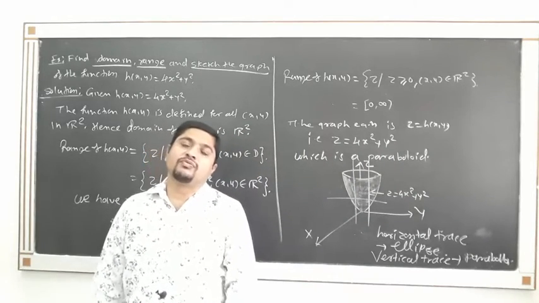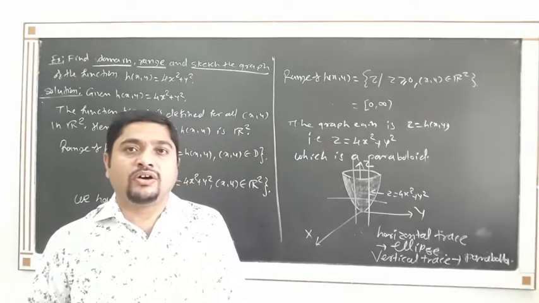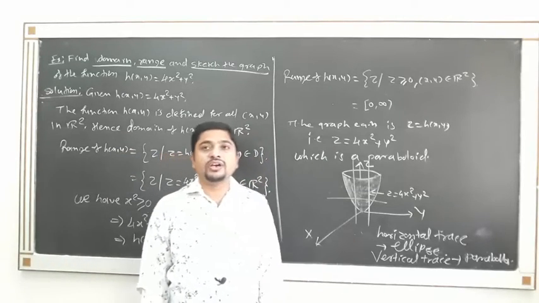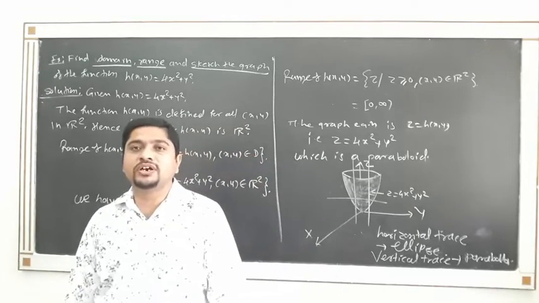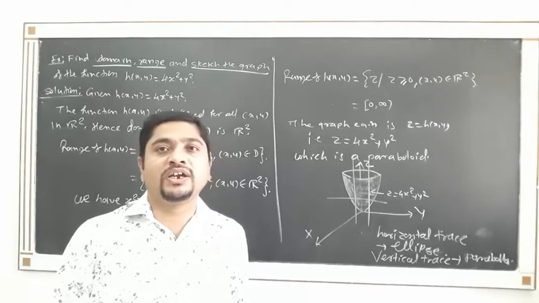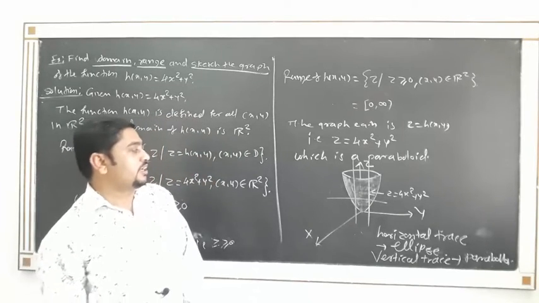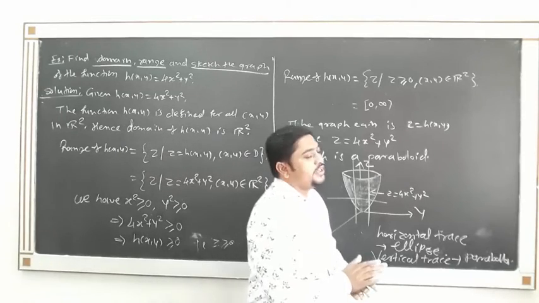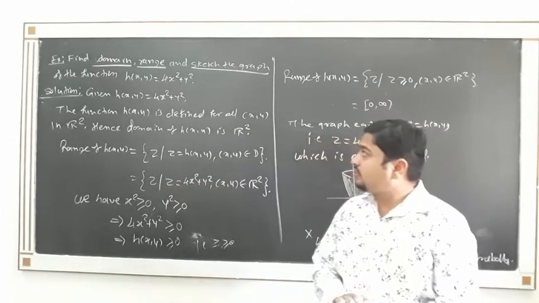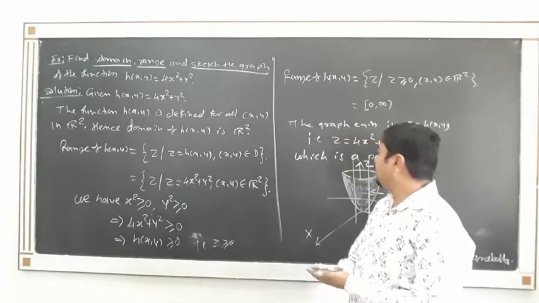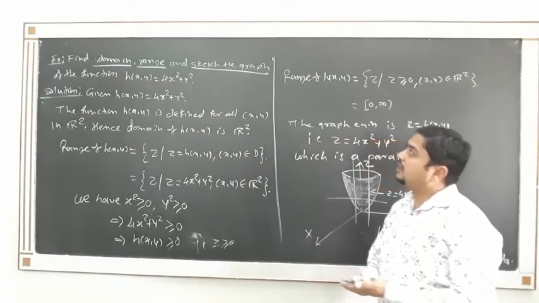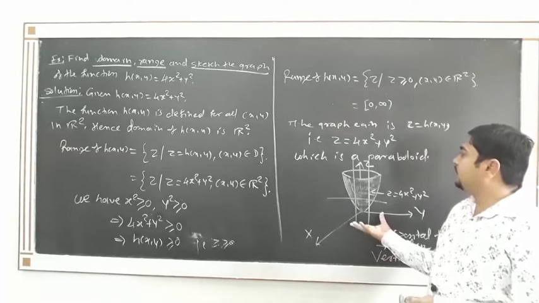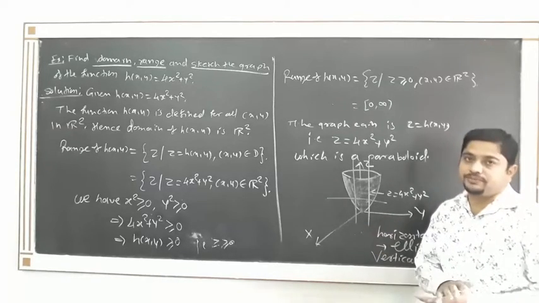That means if you cut the paraboloid horizontally, we get an ellipse, and if you cut it vertically, we get parabolas. So what we did here: we found the range, the domain, and drew the graph of the function, which is nothing but a paraboloid.